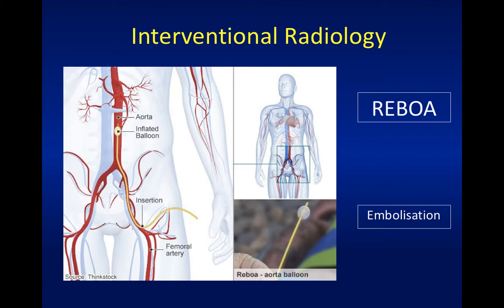Very useful. A more recent technique is something called REBOA, which when I first heard I thought was a South American reptile, which unfortunately is not the case. It is in fact an acronym which stands for retrograde endovascular balloon occlusion of the aorta.